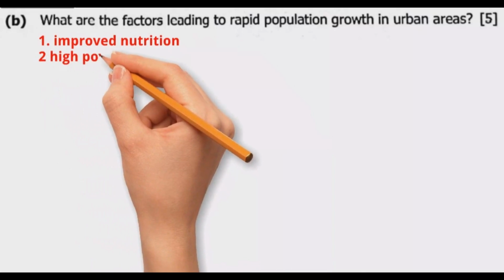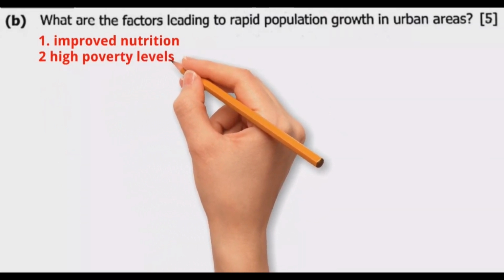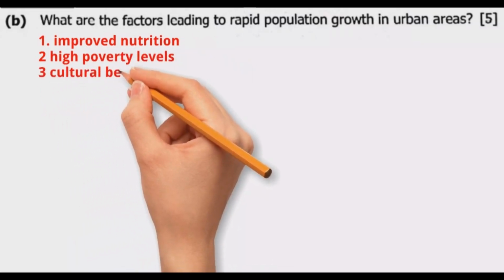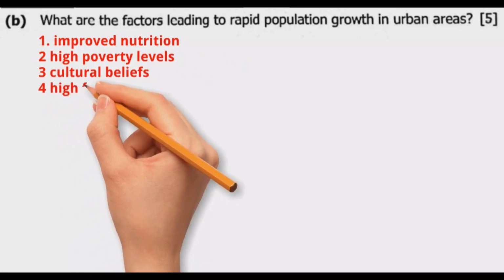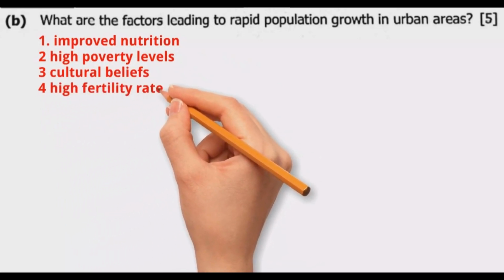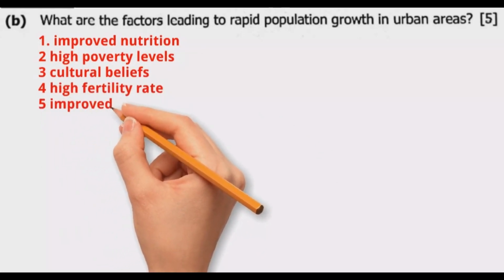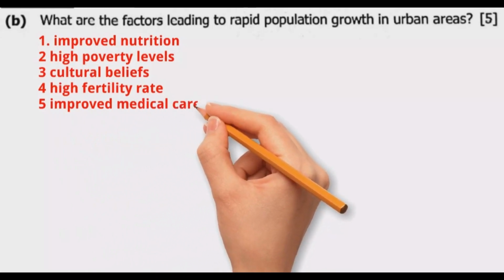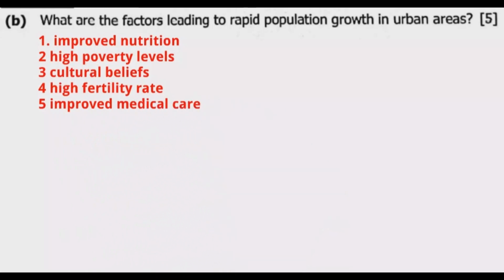Number 2, high poverty levels. Number 3, cultural beliefs. Number 4, high fertility rate. Number 5, improved medical care. Okay, these are the points that are leading to rapid population growth. So when these 5 things are happening, they support rapid population growth.